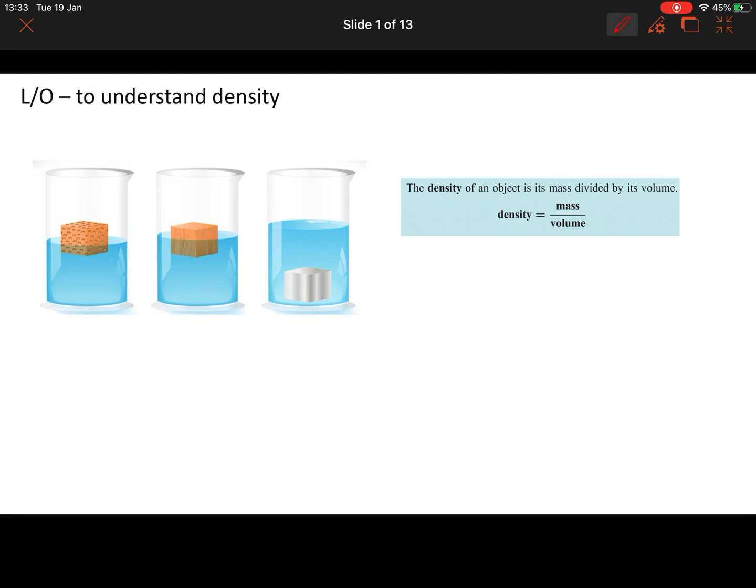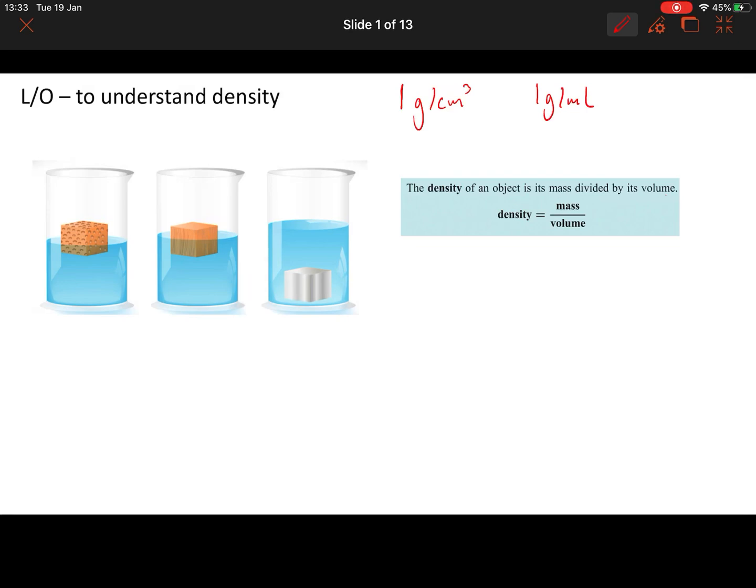If we talk about water, for example, water actually has a density of 1 gram per centimetre cubed. That could be the same as 1 gram per millilitre, because remember, a millilitre is the same as a centimetre cubed. And that is because that's actually how a gram is defined.